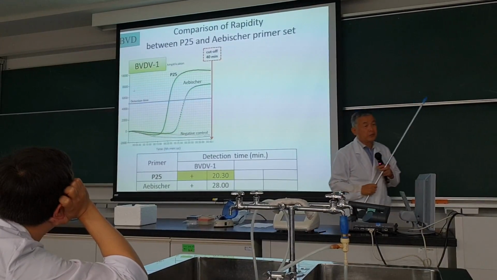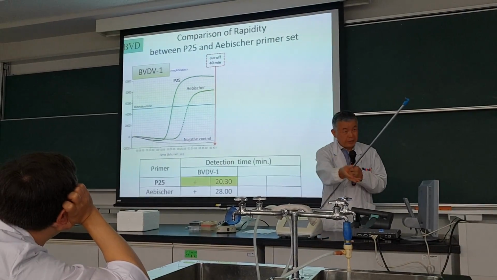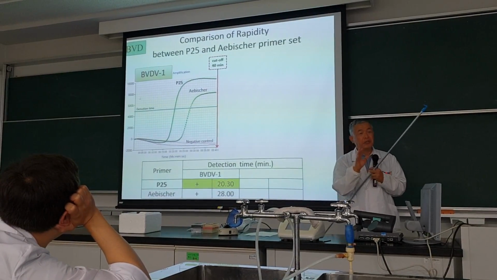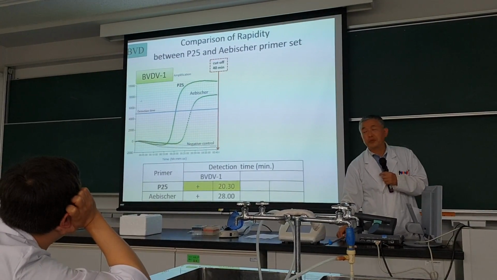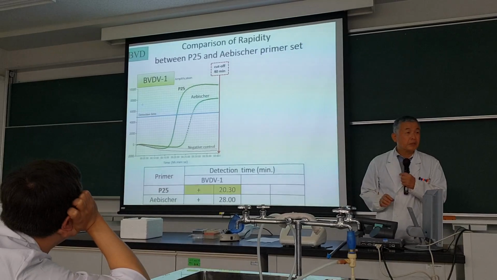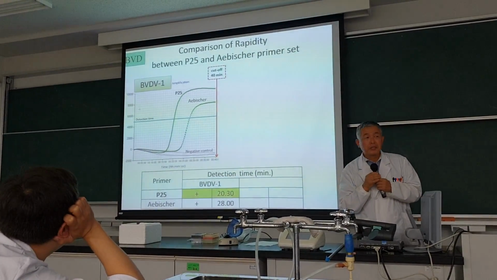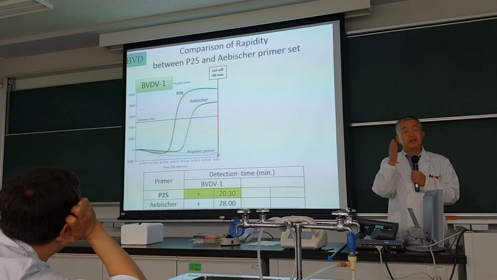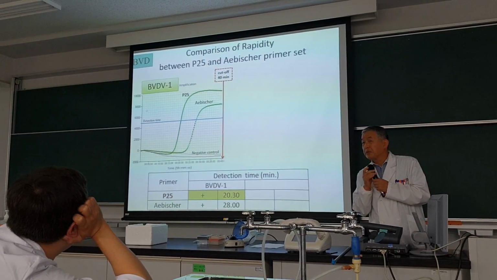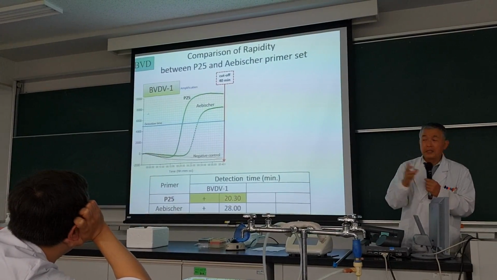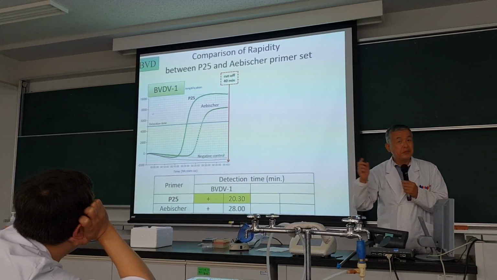Incubation is sufficient. The machine can be portable, and there is no need for specific care. For example, when we use the probe system, sometimes, how about your countries, only some specified persons can use the real-time machine because handling is not easy. In this system, handling is very quick, very simple.